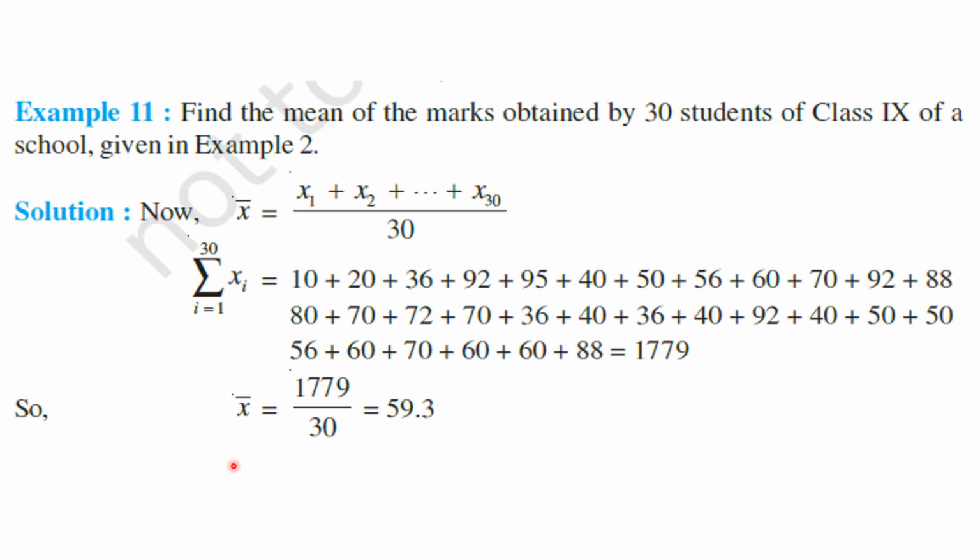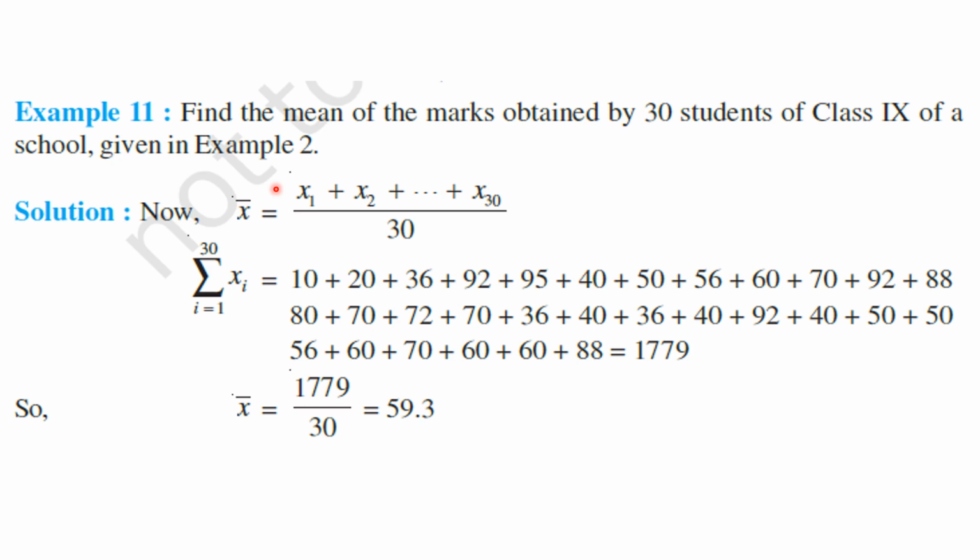Now let us take an example to find the mean of an ungrouped data. See the example: find the mean of the marks obtained by 30 students of class 9 of a school given in example 2. See example 2 in the textbook, my children.